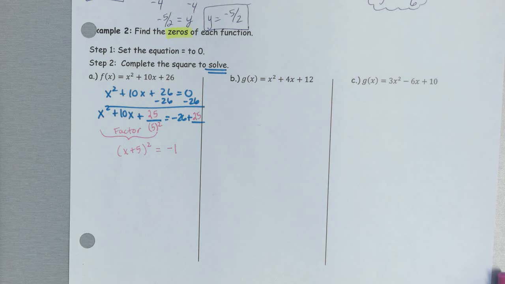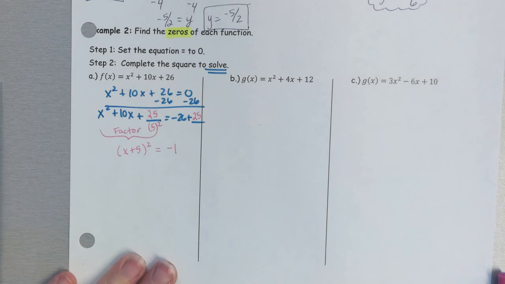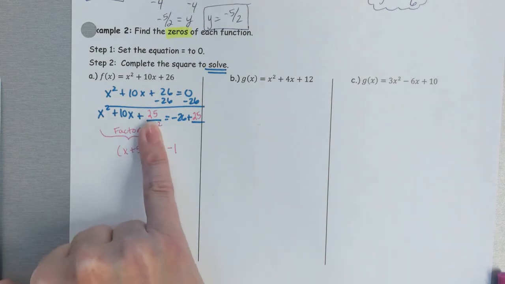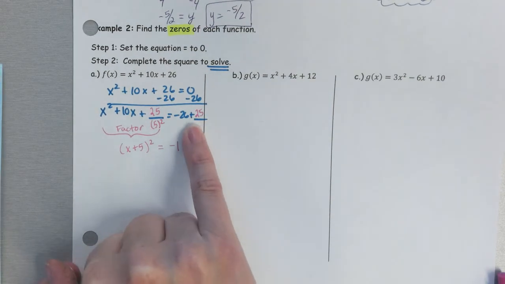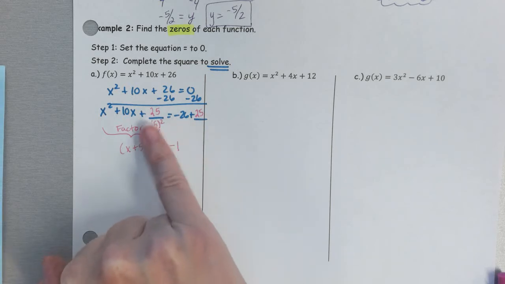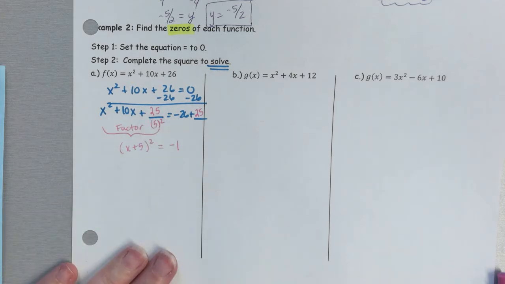Alright, so today remember that we're solving, okay? So when you're solving, if you're balancing the equation, whatever you do to one side, you have to do to the other side. So if I add 25 here, then I'm going to add 25 here because I have to balance the equation. So if I were to subtract 25 from both sides, you guys see how that would cancel out? And I would have the thing I had before.